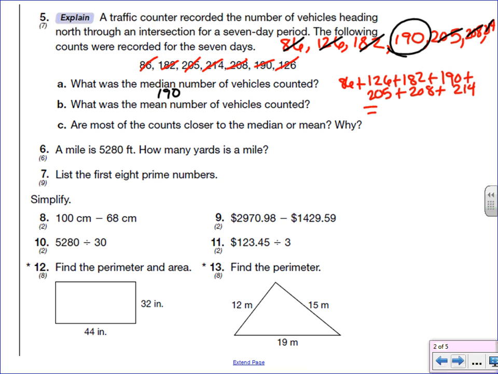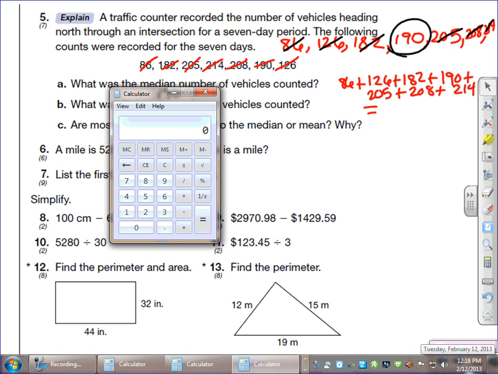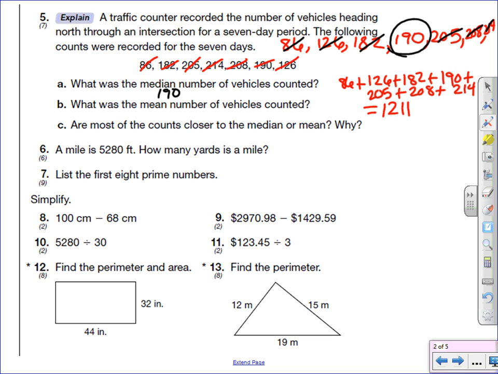And that equals 1,211. And then there are 1, 2, 3, 4, 5, 6, 7 numbers. They counted for 7 days. So we divide that by 7.